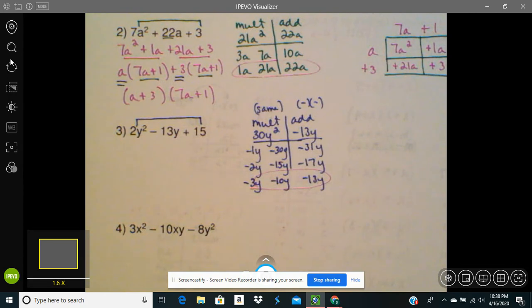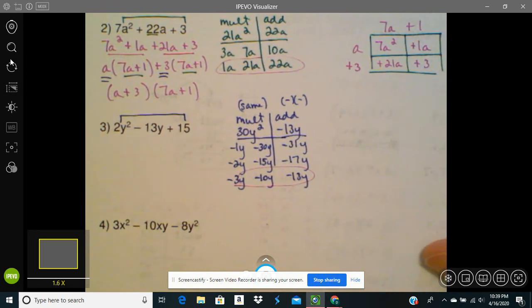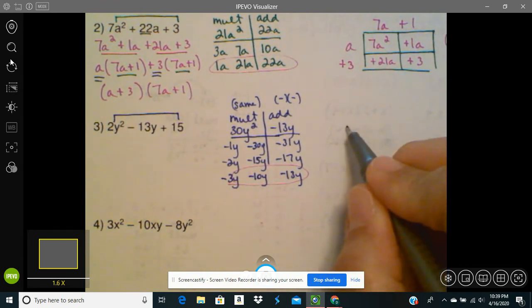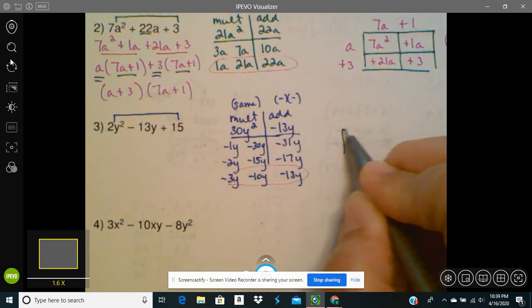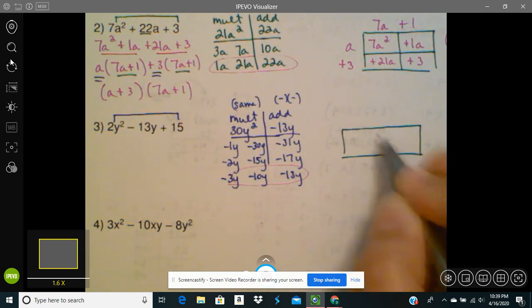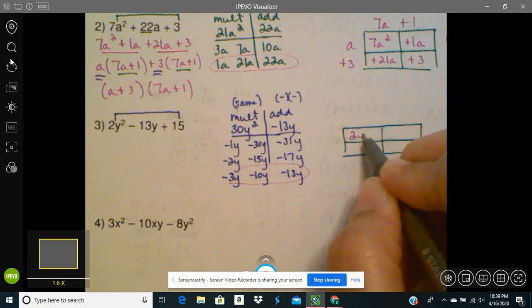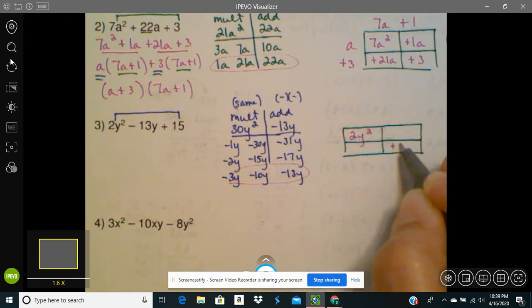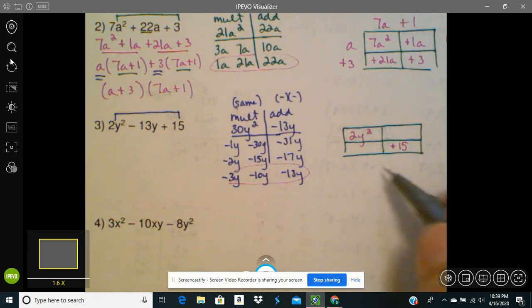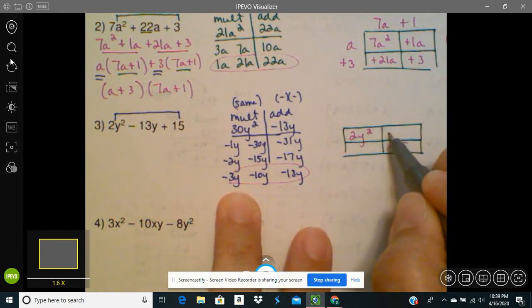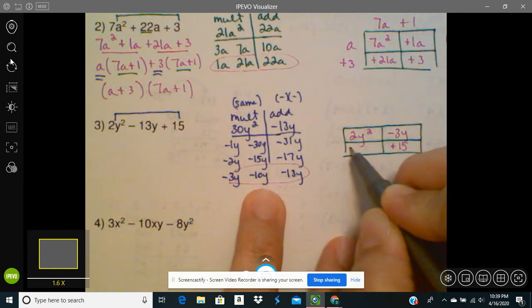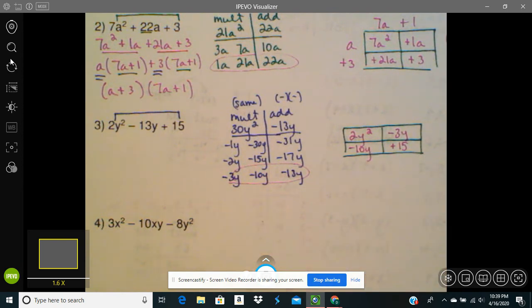Okay, so let's break this up into 4 parts. You know what? I'm going to jump right into the box on this one just so you can see it. I've got 2y squared as my first term, and I'll go ahead and put the plus 15 down here. And the two numbers that fill in this diagonal are negative 3y and negative 10y.